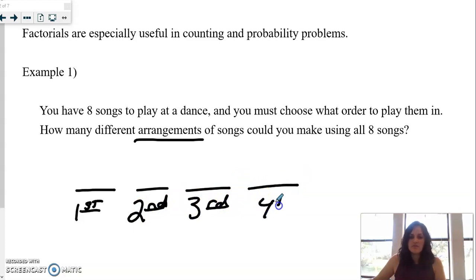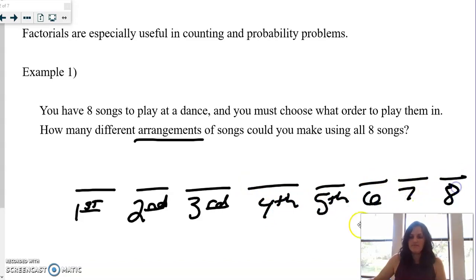So 4th, 5th, 6th, 7th, 8th. I have to pick which song goes in that first spot, which song goes in the second spot, and that's how I can count up all of those possible ways to arrange the songs.